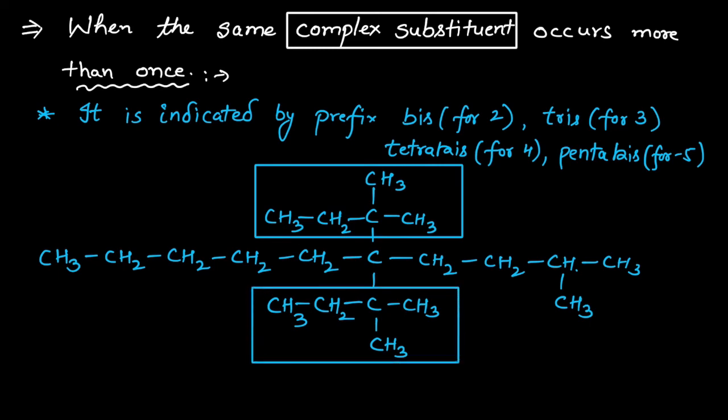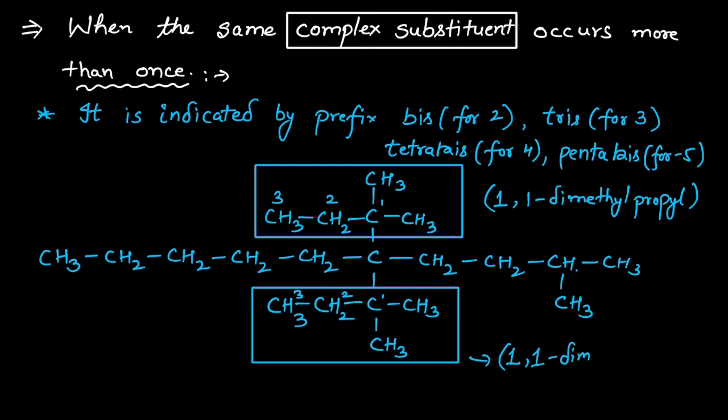It is the same complex substituent, but it is occurring 2 times. So if we name this complex substituent separately, this is basically 1,1 dimethyl propyl group. We have given the first carbon that is attached to the parent chain the first number. So this is again 1,1 dimethyl propyl. So this complex substituent is occurring 2 times.